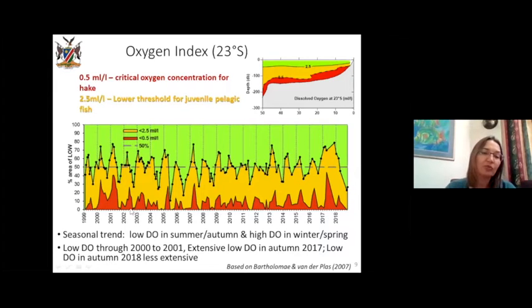Because you can see here 2000, 2001, for instance, a prolonged low oxygen event. That means that the area was really, for some juvenile fish at some stages, very small, even for the sardine off the central coast. And then the fish would react by either moving offshore, or you would have effects, for instance, on the recruitment of the fish.